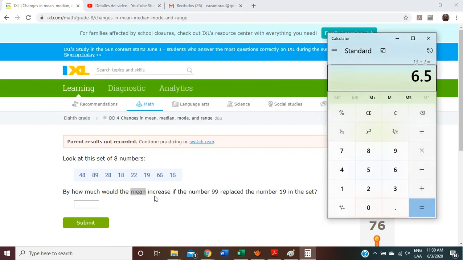First, 48 plus 89 plus 28 plus 18 plus 22 plus 19 plus 65 plus 15. So 304. If we divide this by 8, our mean or our average is 38. Don't forget that number, 38.